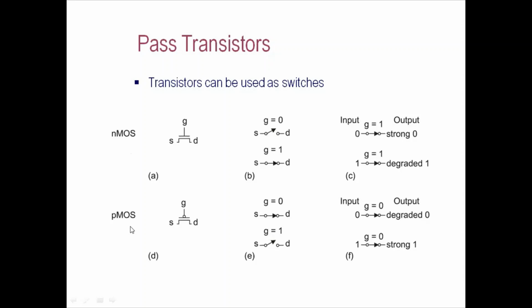This explains why in case of CMOS, we are going to have PMOS always in the pull up and NMOS always in the pull down.